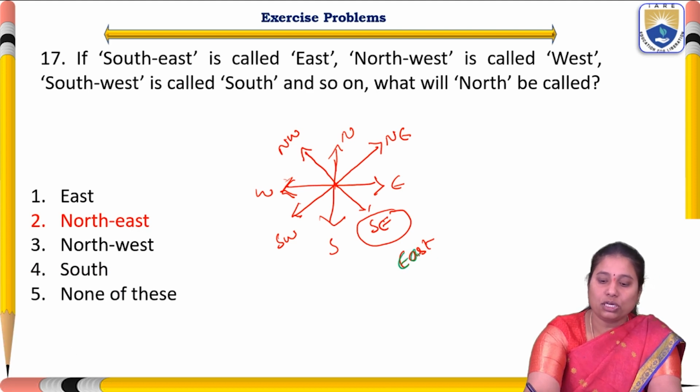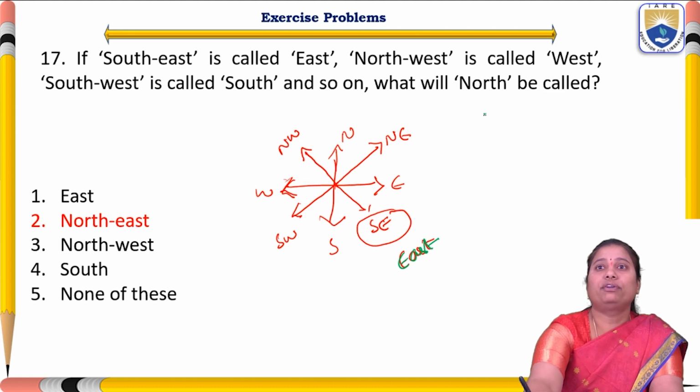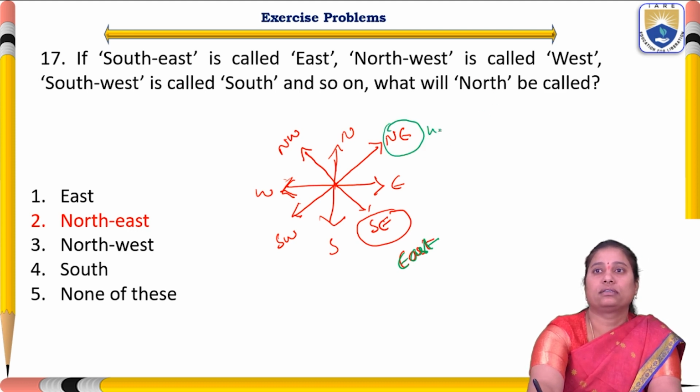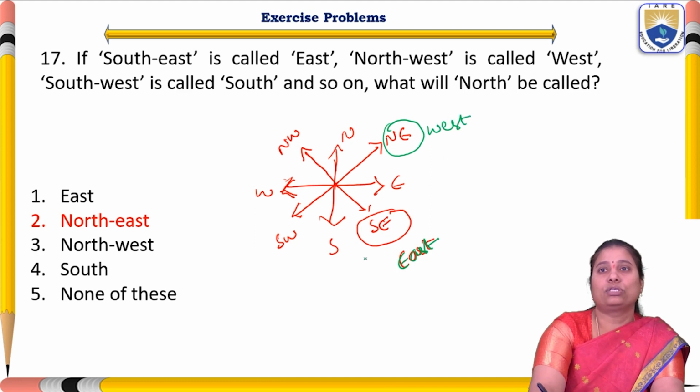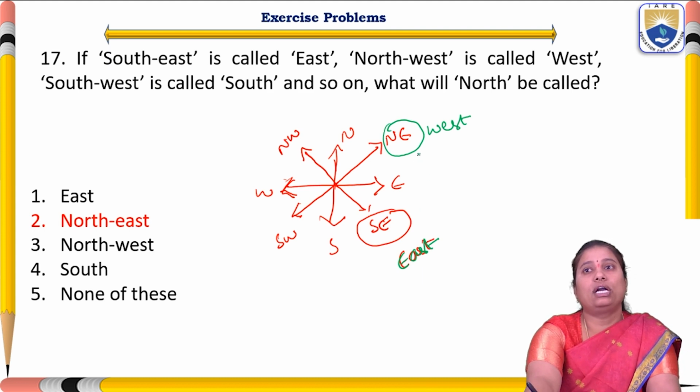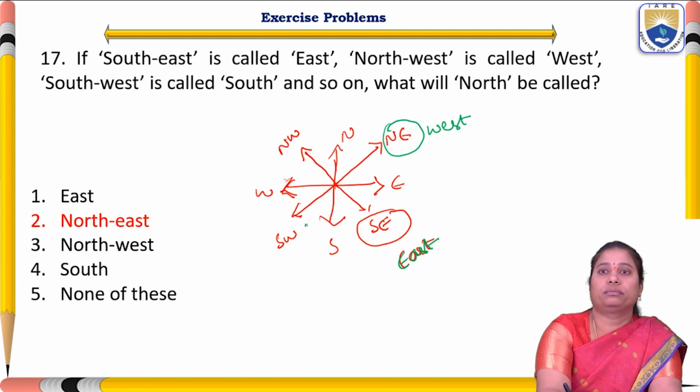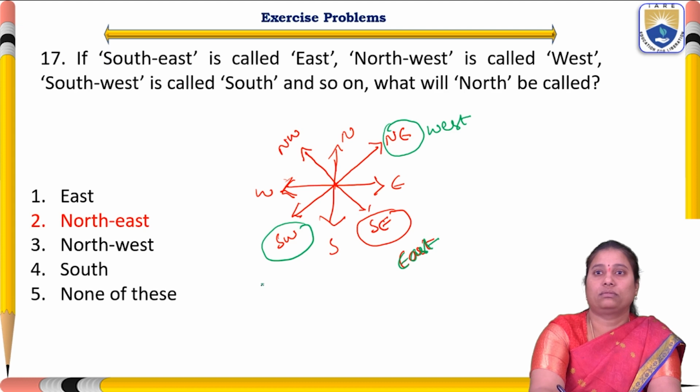So now southeast has become east, and northeast is called west, and southwest is called south, and so on.